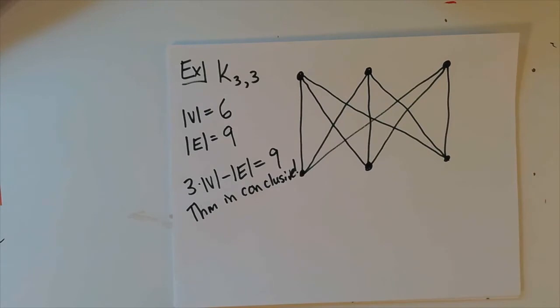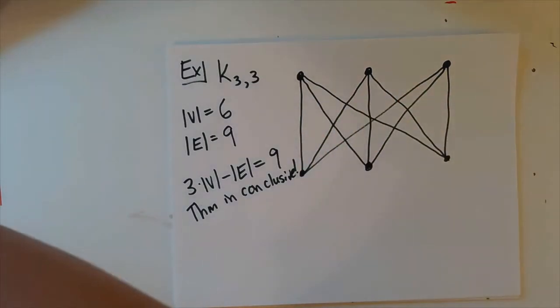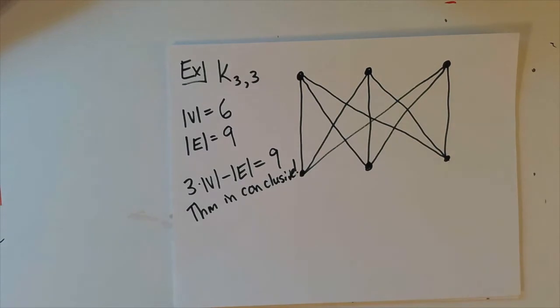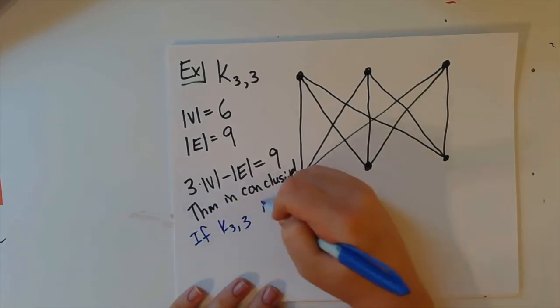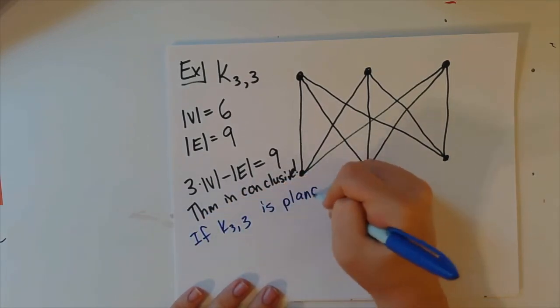Okay, so that might make you think, okay, maybe this graph actually is planar. Maybe I just need to try and figure out how to draw it. So if you try and figure out, okay, if this graph is planar, well, here's one thing you could start with. If K33 is planar, how many faces does it have?